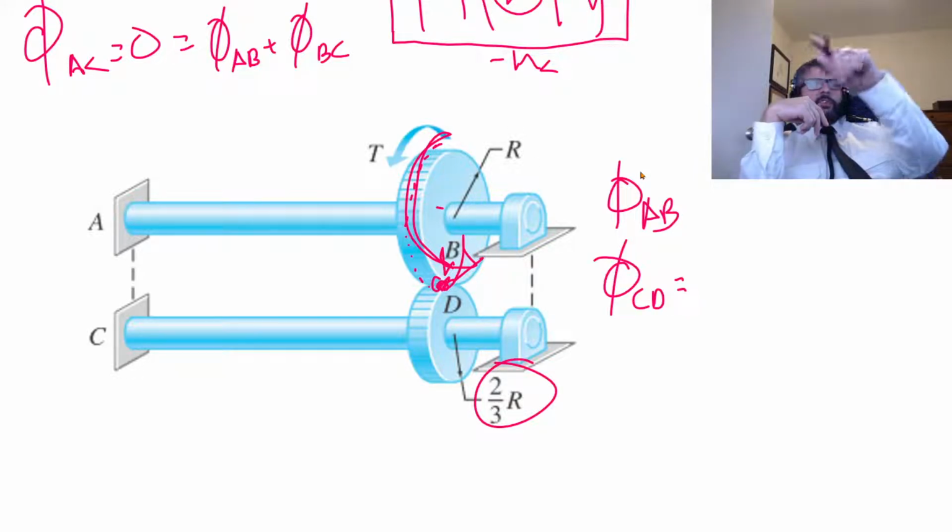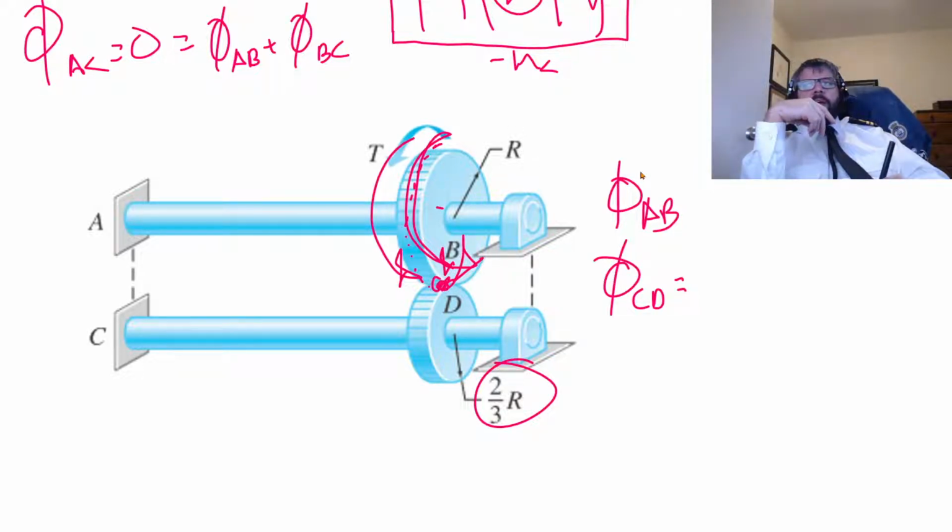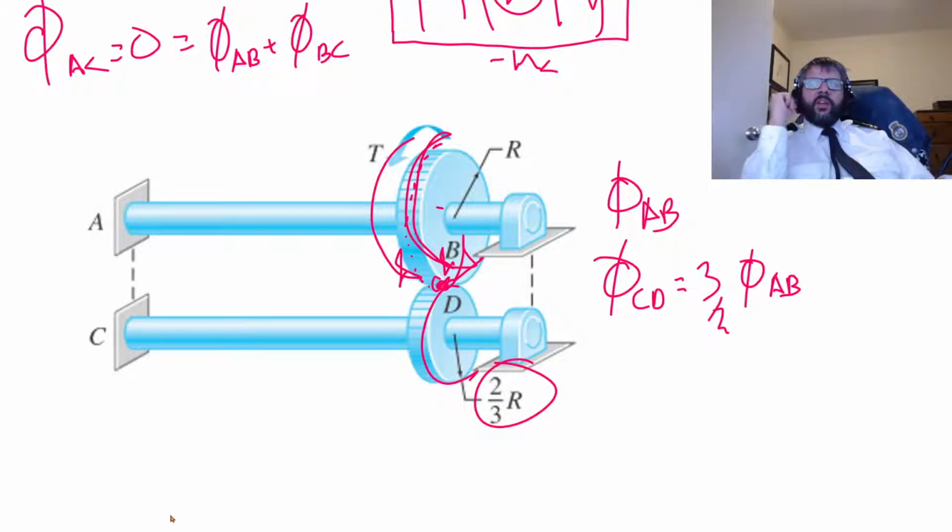So for every full turn of this one, we need to have 1.5 turns of this one. So our twist in CD needs to be equal to 3/2 twist AB. That's our primary compatibility condition.